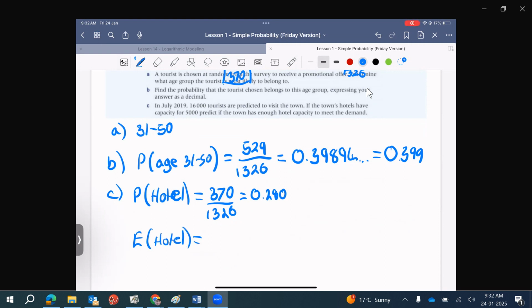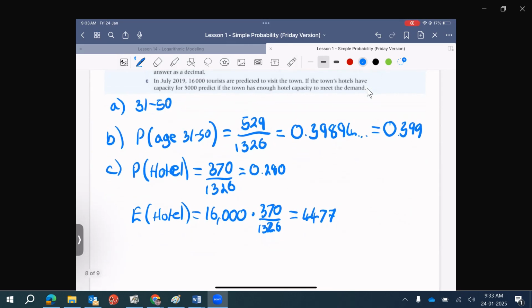The expectation they want a hotel is 16,000 multiplied by our probability. So if we multiply that by 16,000 people, we'll get the expectation. The expectation is 4477.